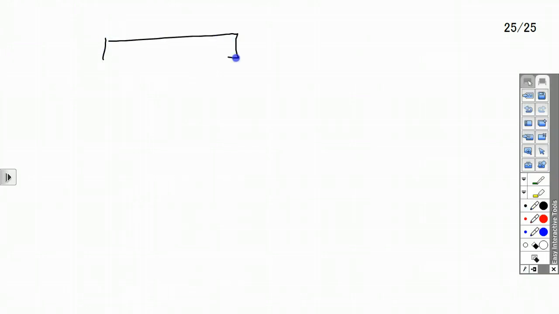So again, here's my beam. I had 8,000 pounds, 8,000 pounds. I had the 4,000 pounds at a 45-degree angle.